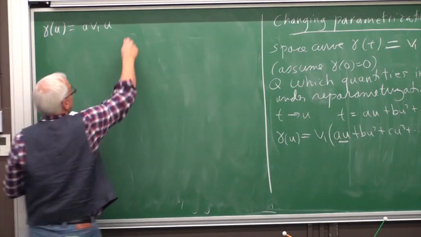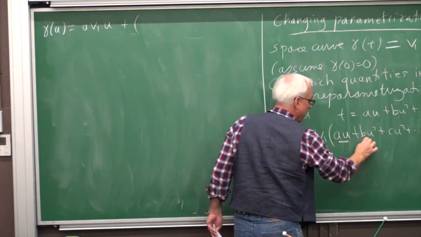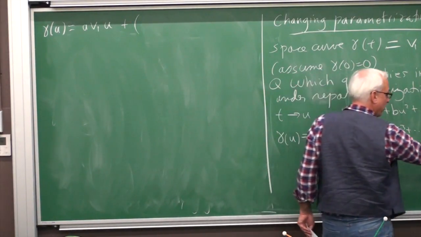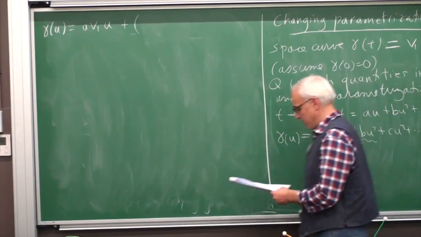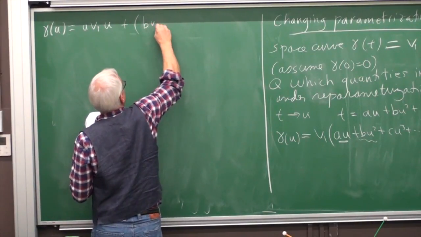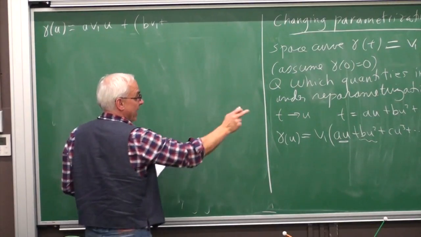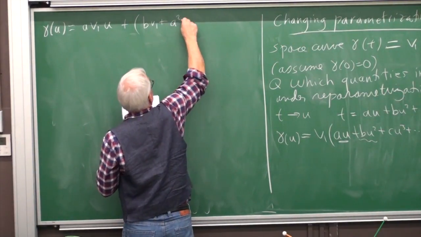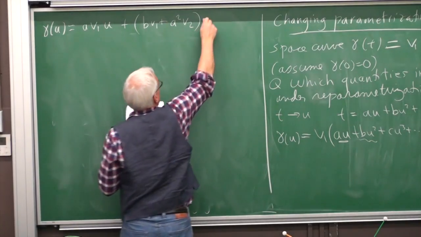And the quadratic part of the expression will come from here, and also when we square this one here, and there won't be any quadratic parts in u from that one there. So we'll get b times v1 plus a squared times v2, all of that times u squared.